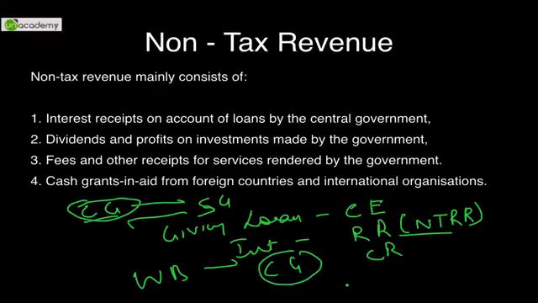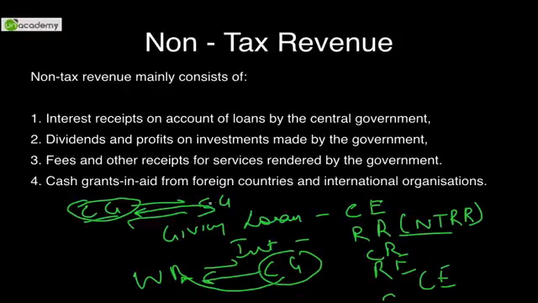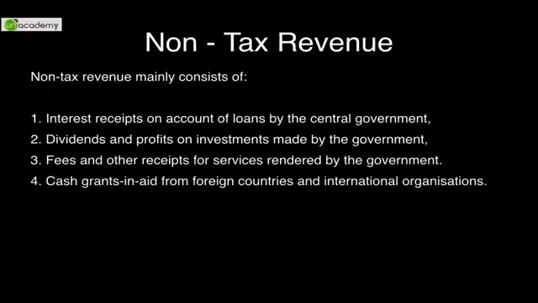When the central government pays interest to them, it will be considered a revenue expenditure. And when the central government repays the loan back, it will be considered a capital expenditure. Similarly, if the state government repays the loan to the central government, it will be considered a capital receipt for the central government. All these are very basic concepts.